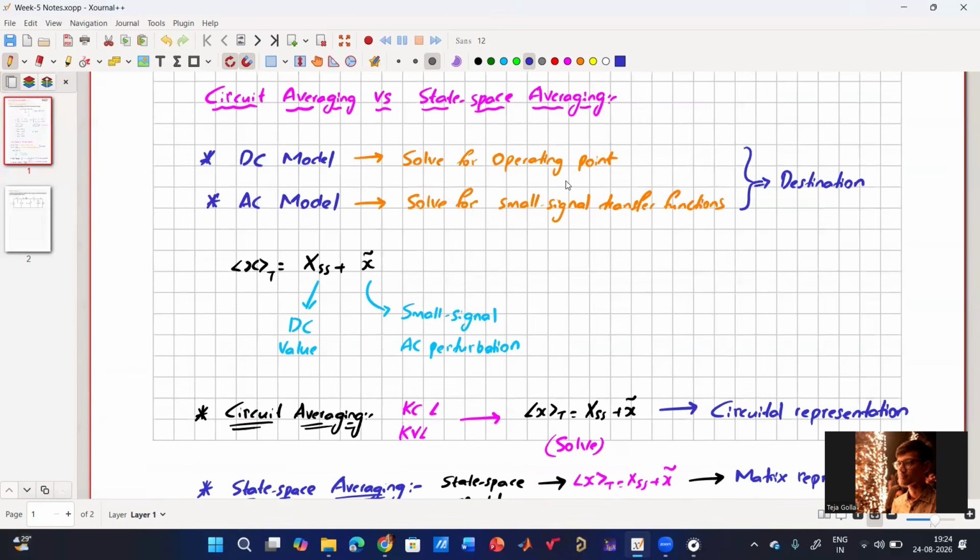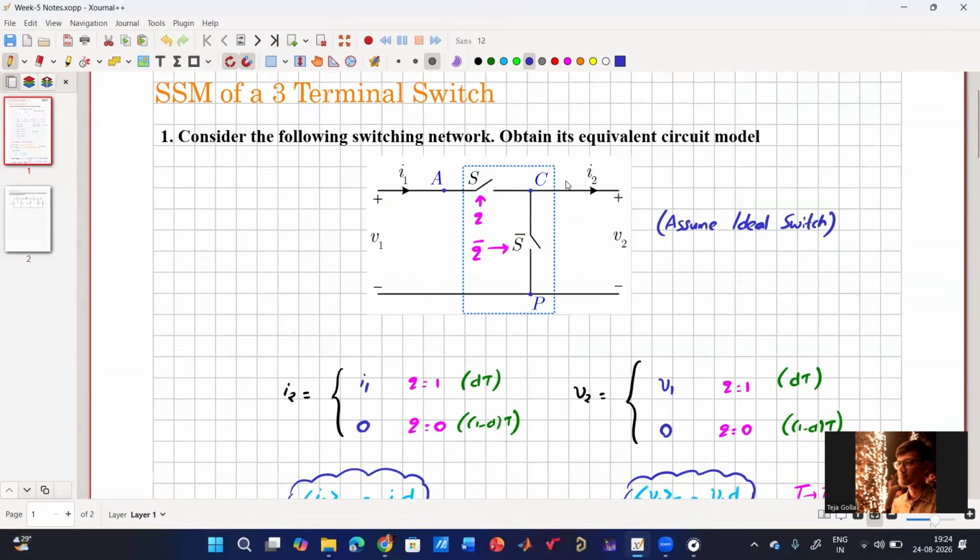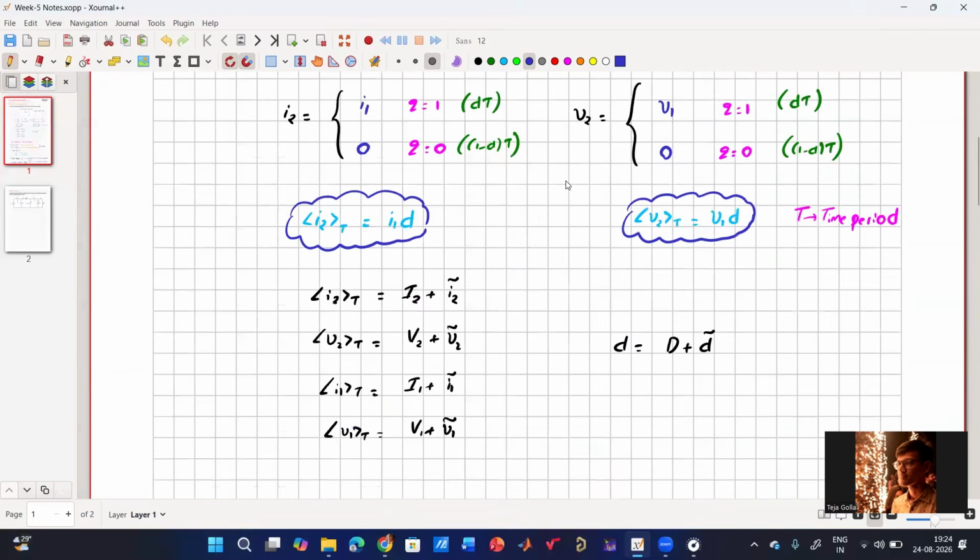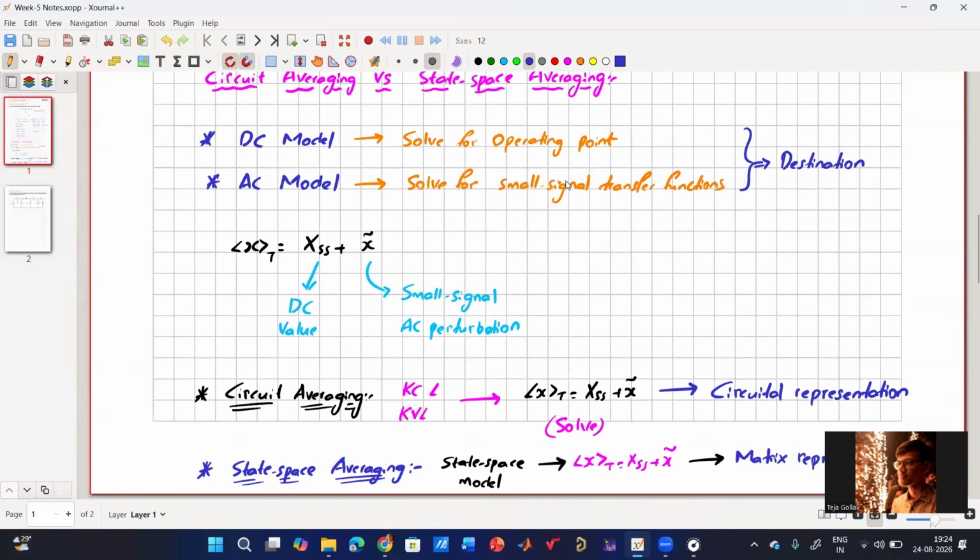But since the model is not valid beyond a certain bandwidth, we also have to learn large signal. One reason is to achieve better response using large signal. The other is to simplify things. If a bandwidth of 1/10 is okay for a certain application, then why trouble myself with a large signal model and complicate things when I can go for the small signal model and design in a simpler way?